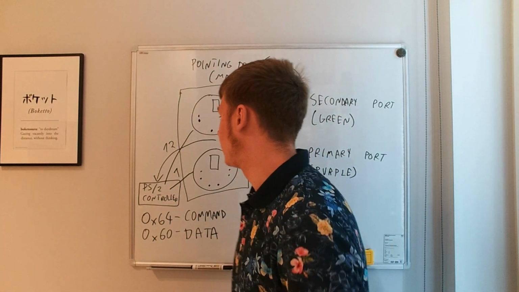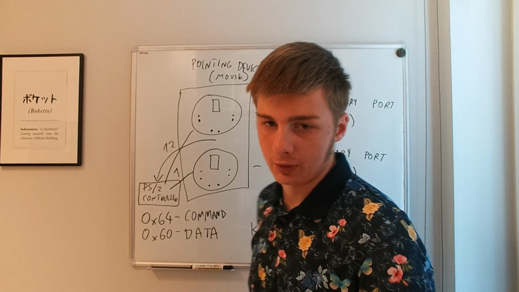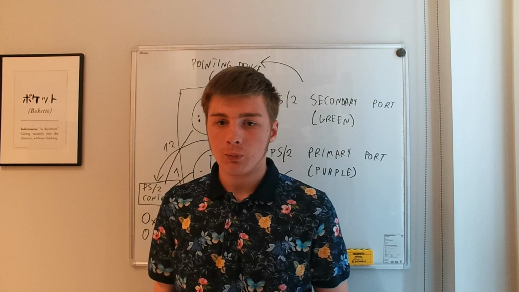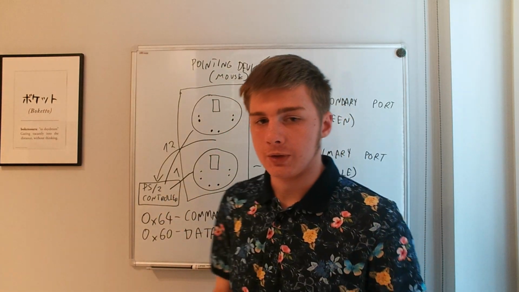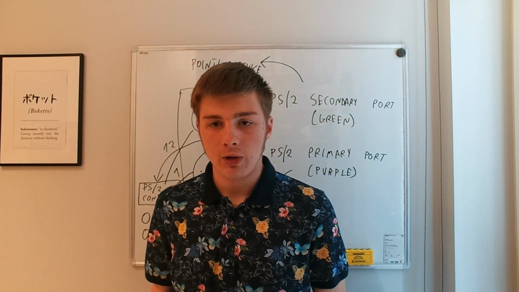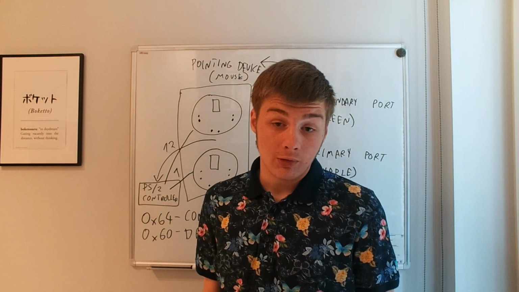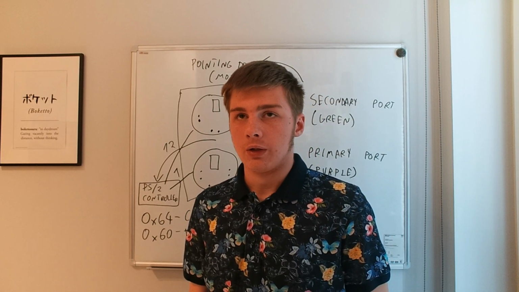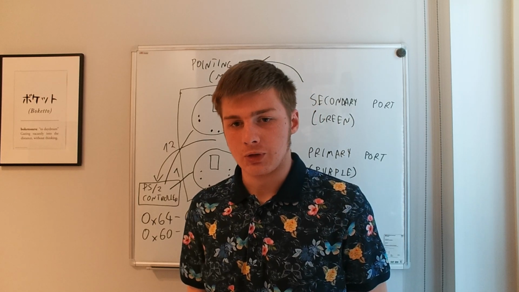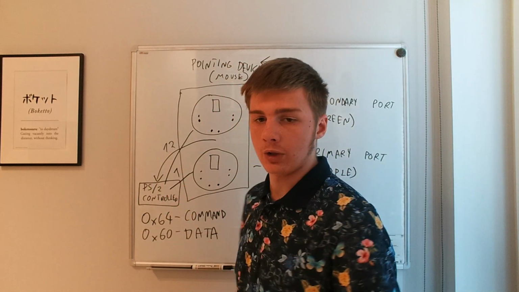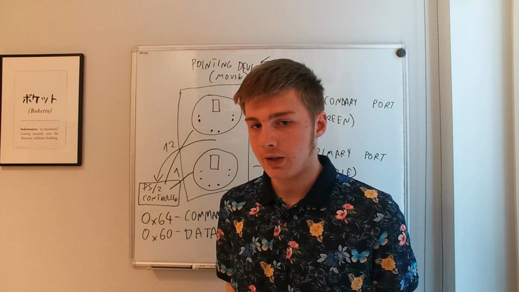And here is an important remark. If you want to write a mouse driver, a PS2 mouse driver, you always have to remember that the IRQ channel number 12, if a configuration of a programmable interrupt controller was done like the one that I specified in my previous lecture, is handled by the slave PIC.